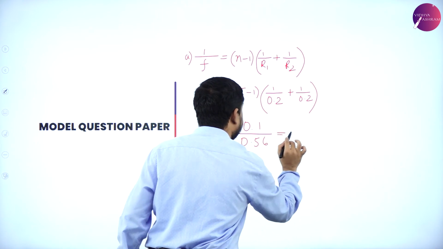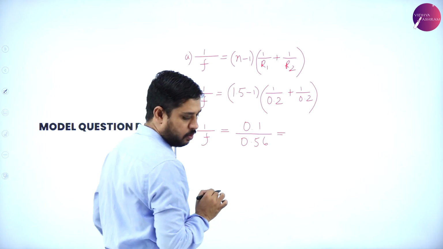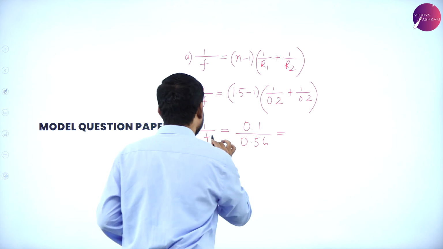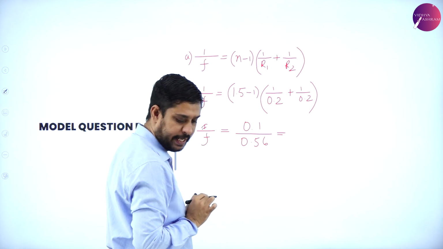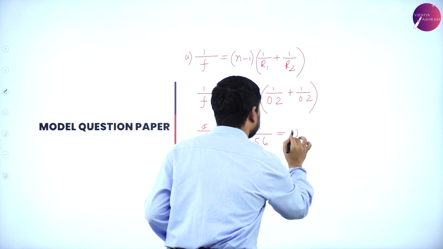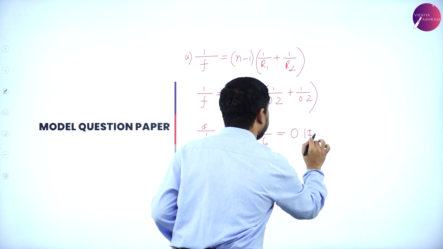On simplification, F turns out to be 0.17 meter.